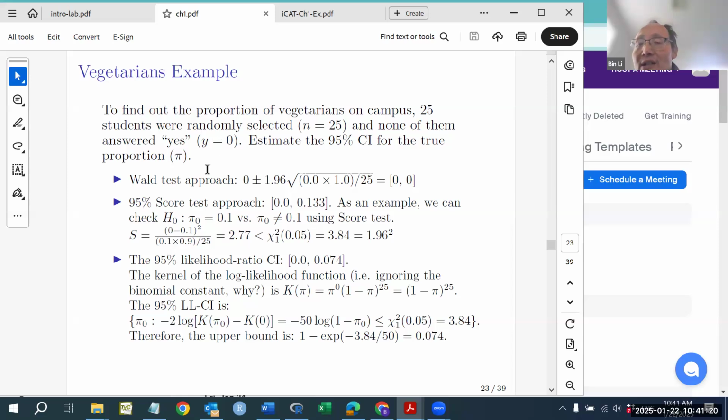Okay, so here we have a small sample size, less than 30. It's just 25. And to make things worse, we have 0 counts. So this is like the worst case, right? Now let's see the results. Here, for the Wald test approach, we have the formula.